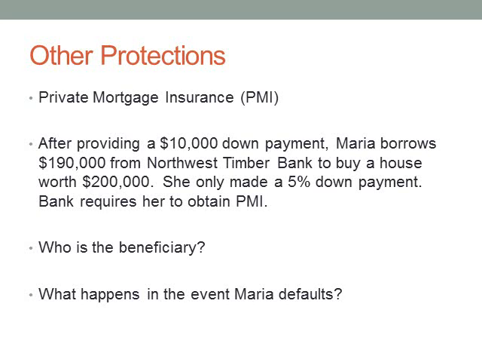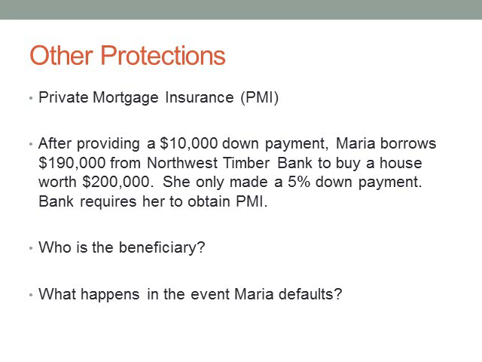So here's an example. After providing a $10,000 payment, Maria borrows $190,000 from Northwest Timber Bank to buy a house worth $200,000. She only made a 5% down payment. So the bank is requiring, in my example, her to obtain PMI. Who would be the beneficiary?